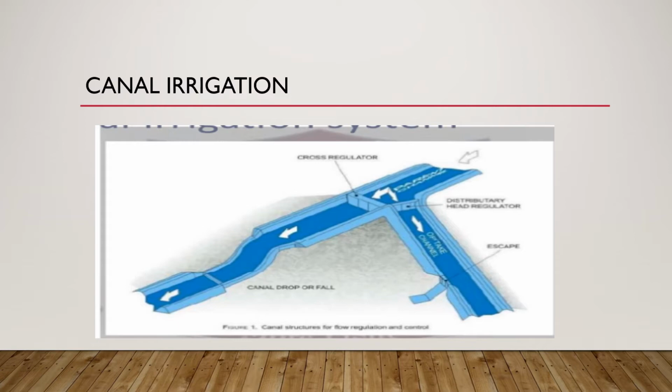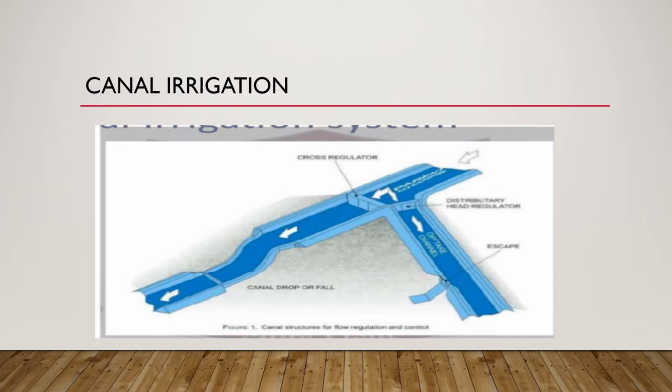The water from the main waterway is diverted through this distributary head regulator, and it finally reaches the irrigation land where you are going to irrigate. Then the main canal continues with its operations.